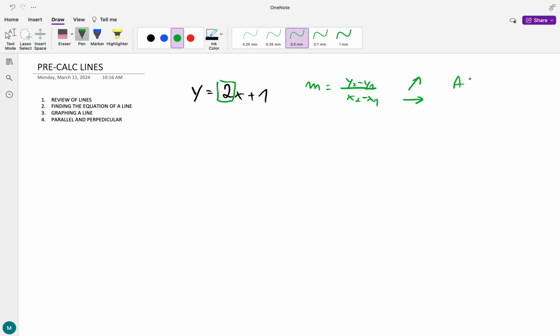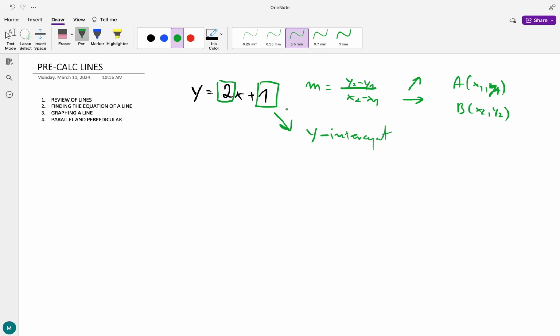So we have a point A that, let's say, has an x1 value and a y1 value. And then we have a point B, which has an x2 value and a y2 value. Using this, you can quickly find the slope. And this number right here, as you recollect, is your y-intercept.